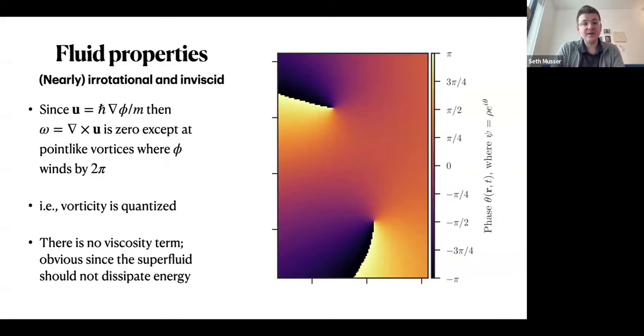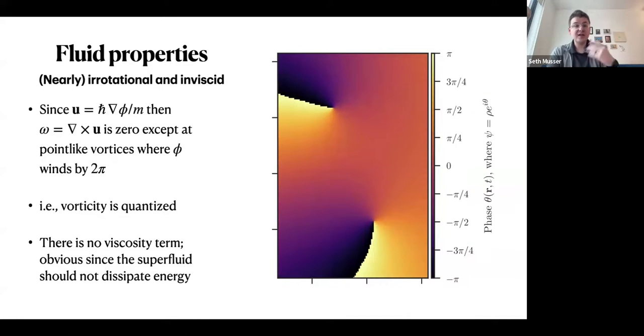And these are topological defects. In fact, I would say like the paradigmatic example of a topological defect. So they're stable to all kinds of perturbations. And you can really easily detect them in experiment by doing absorption imaging and looking at the zero density that they produce at their core.